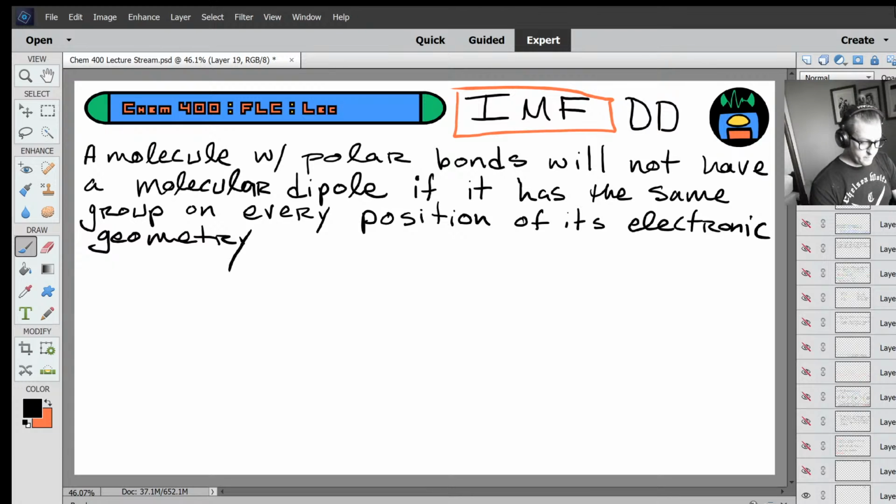All right? A molecule with polar bonds will not have a molecular dipole if it has the same group on every position of its electronic geometry. What am I talking about? So glad you asked. Here's the answer.